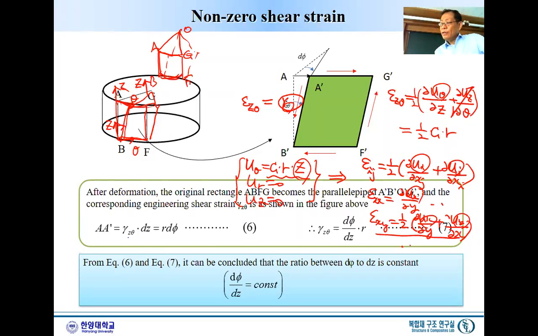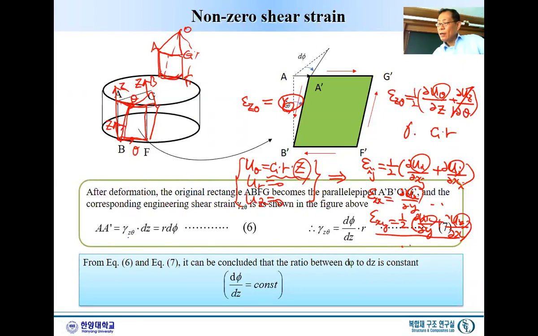That is a strain field, but this is, in terms of engineering strain, the gamma. Actually, the gamma, when we define, is twice of this epsilon.